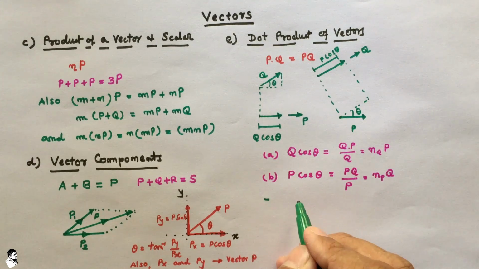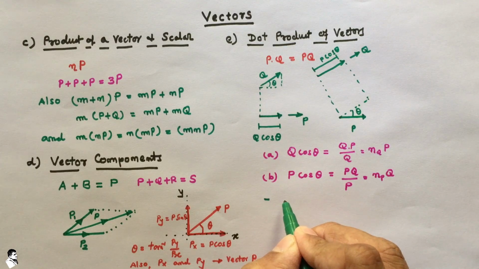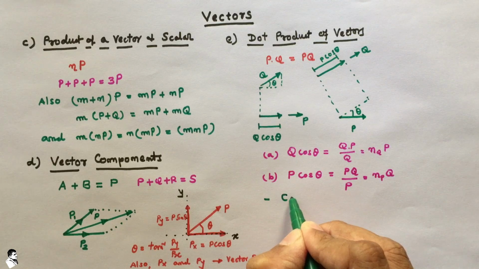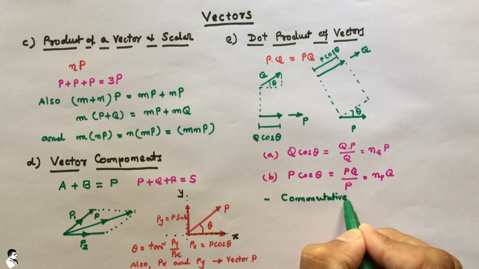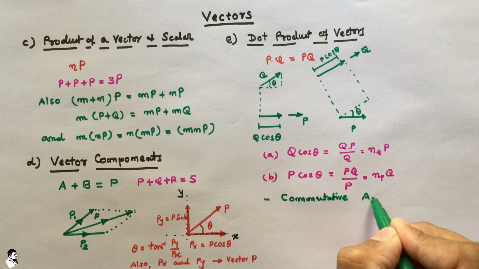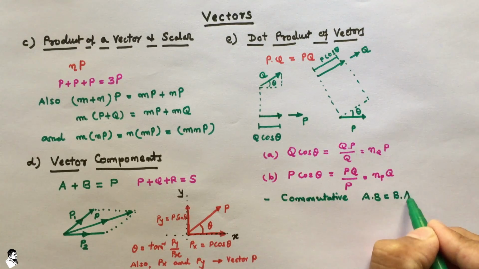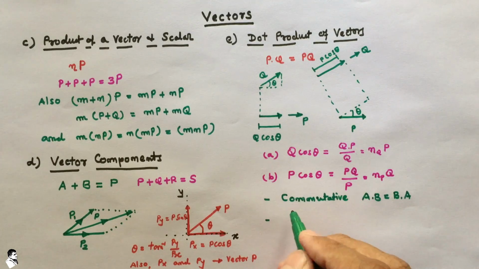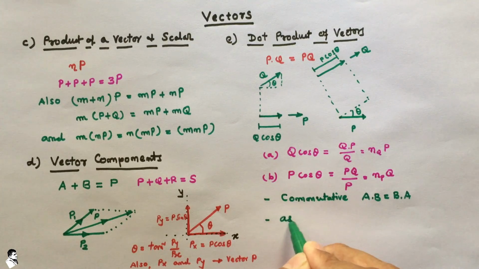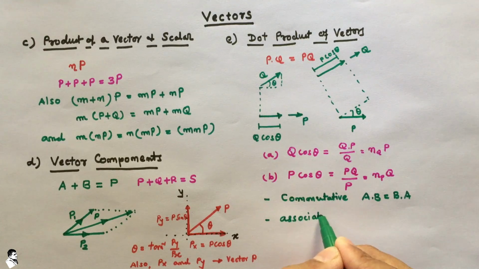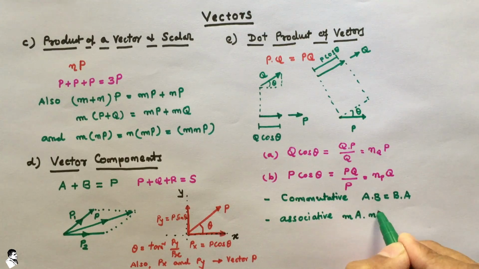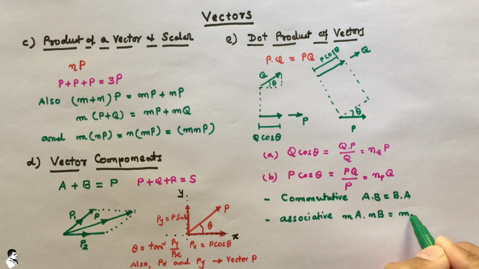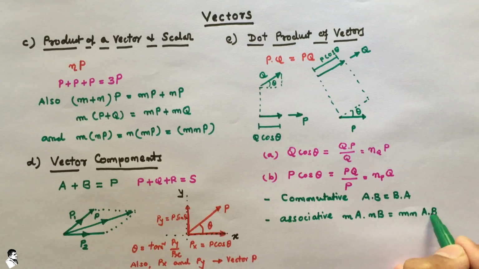So here the dot product is commutative, that is A · B is equal to B · A. It is also associative, so mA · nB is equal to mn (A · B), and it is also distributive.